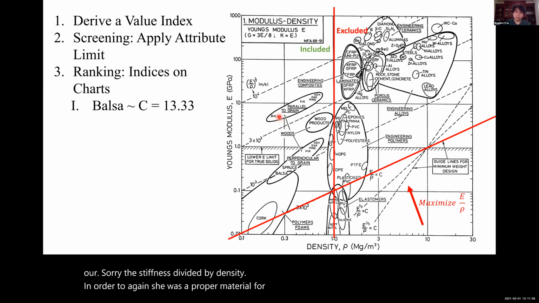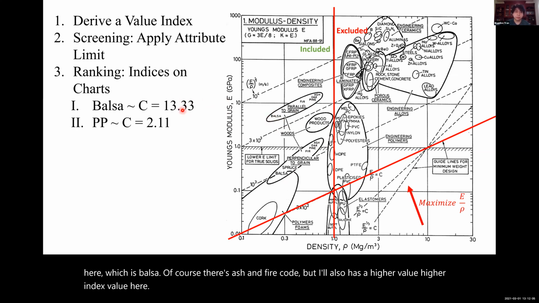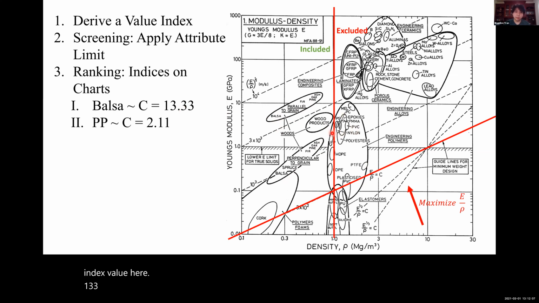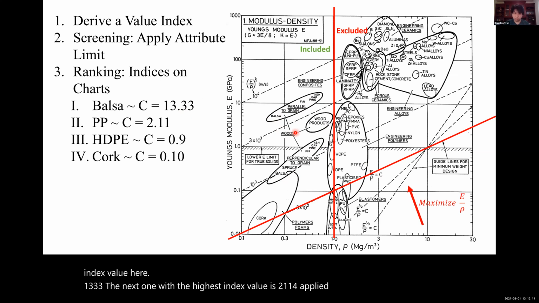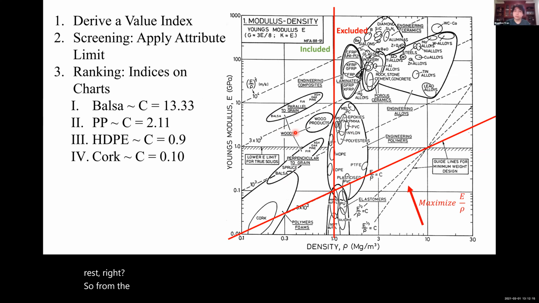So we start off with the best choice here, which is balsa. Of course, there's ash and pine, but balsa has a higher index value here, 13.33. The next one with the highest index value is 2.11 for polypropylene, and then there's the rest. So from the rankings, you would assume that balsa would be the best.